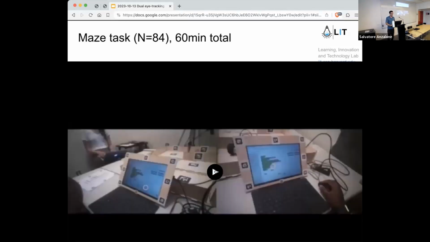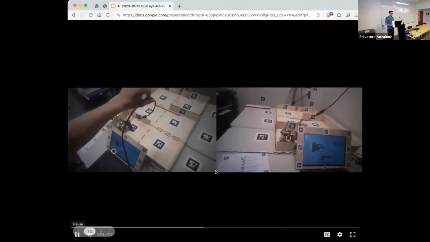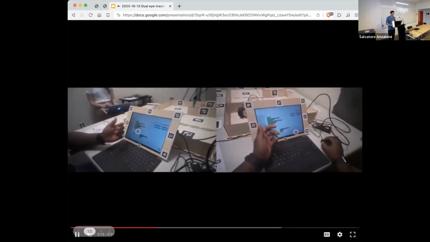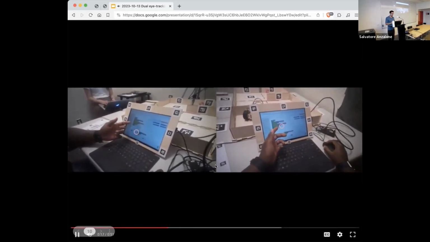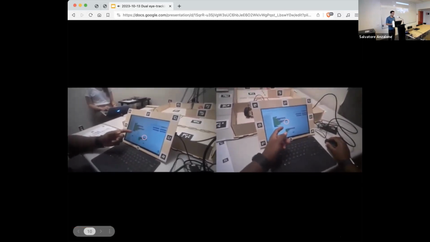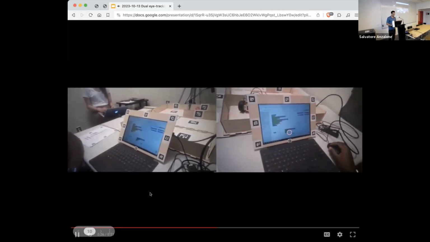For example, in this task we had two people working on programming a robot. They were using this block-based environment on the computer here, and we gave them progressively harder mazes to solve. They had to program the robot to navigate the maze and reach the end. Those people had no idea about programming. We gave them a quick crash course before the study to explain how the interface worked, and then they tackled those different challenges.